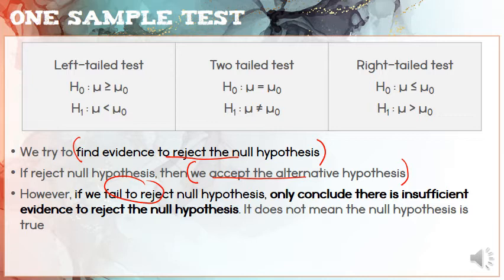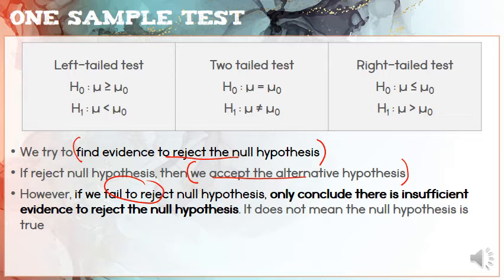Okay. Bila kita buat hypothesis testing, kita cuba cari evidence untuk reject the null hypothesis. Okay. So, kalau kita berjaya cari evidence untuk reject the null hypothesis, then kita kata kita accept the claim. Kita accept the alternative hypothesis.